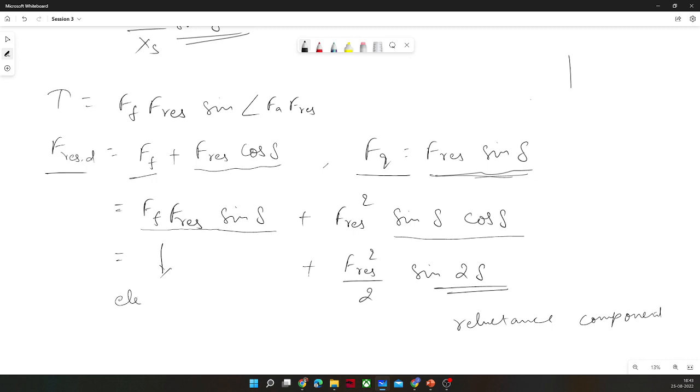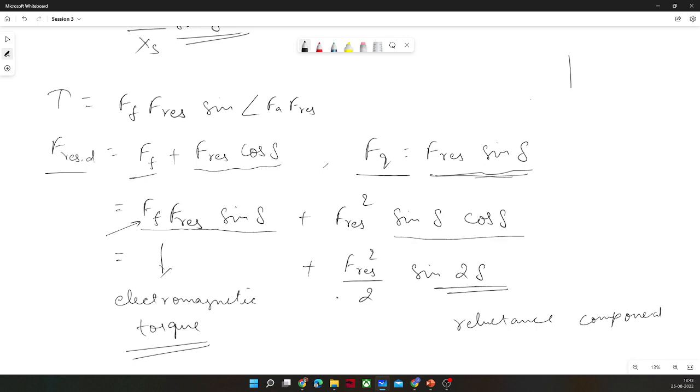And the other is electromagnetic. Electromagnetic is due to the field, whichever field you are applying, or the flux component in the machine. That's why the electromagnetic component would be generated.